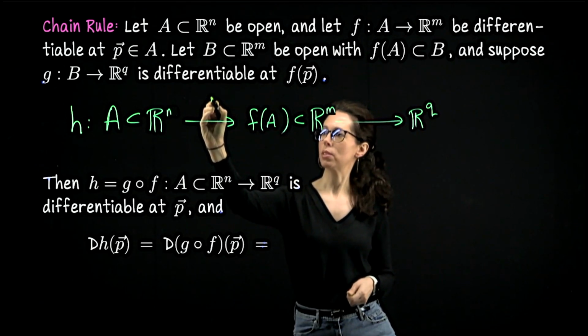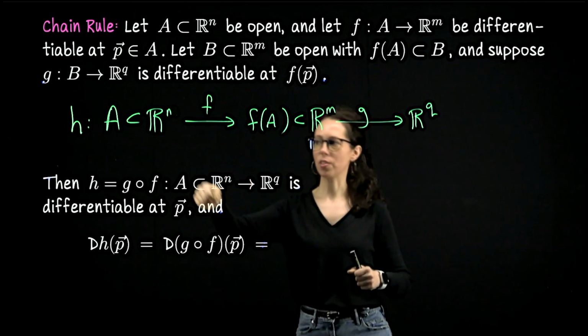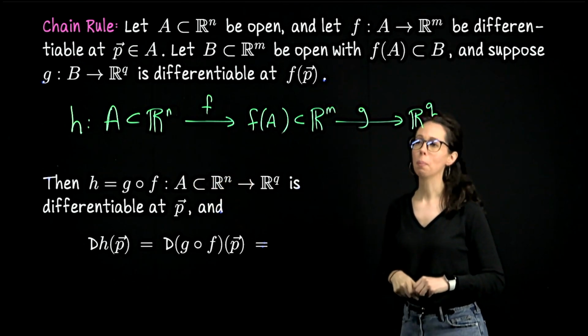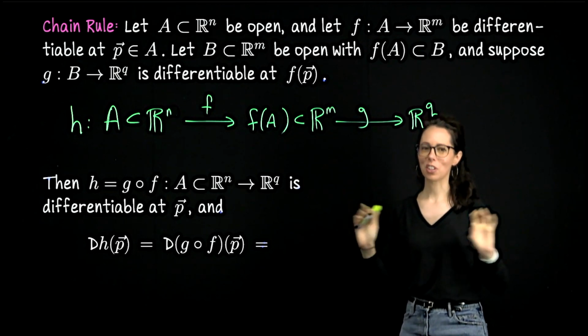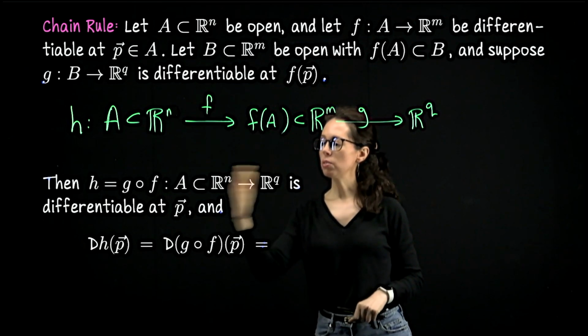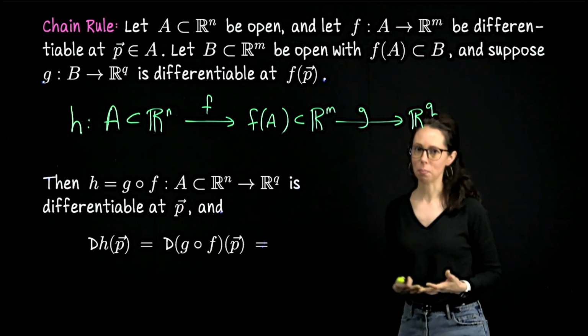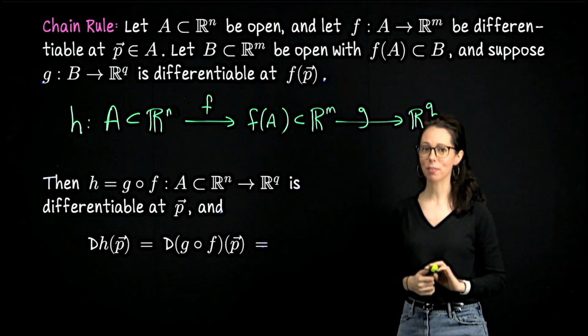So here, this map is through F and this map is through G, so that G of F takes us from Rn to Rq overall. Okay, so just take a moment to read through this. Again, it's just telling us the composition is nicely behaved, and then I will state the heart of the chain rule, which is how do we compute the Jacobian matrix for H, assuming that H is even differentiable. That's part of the result.